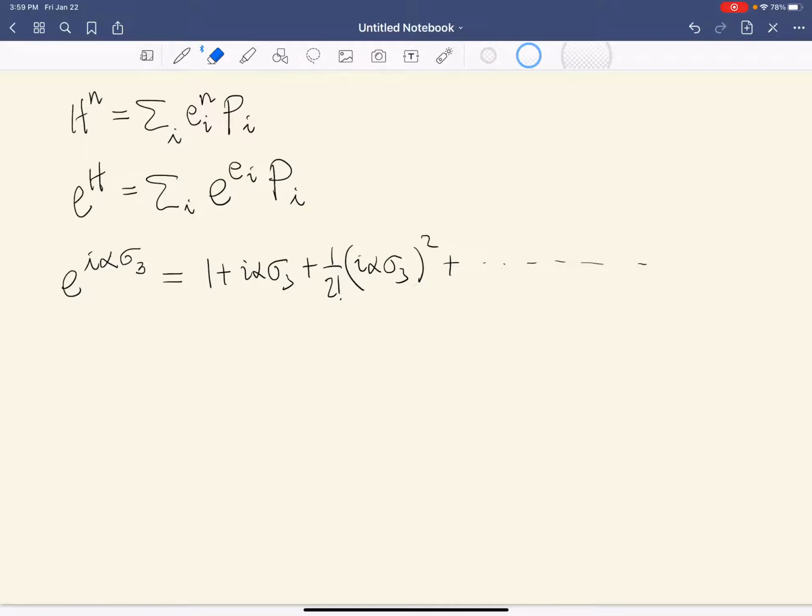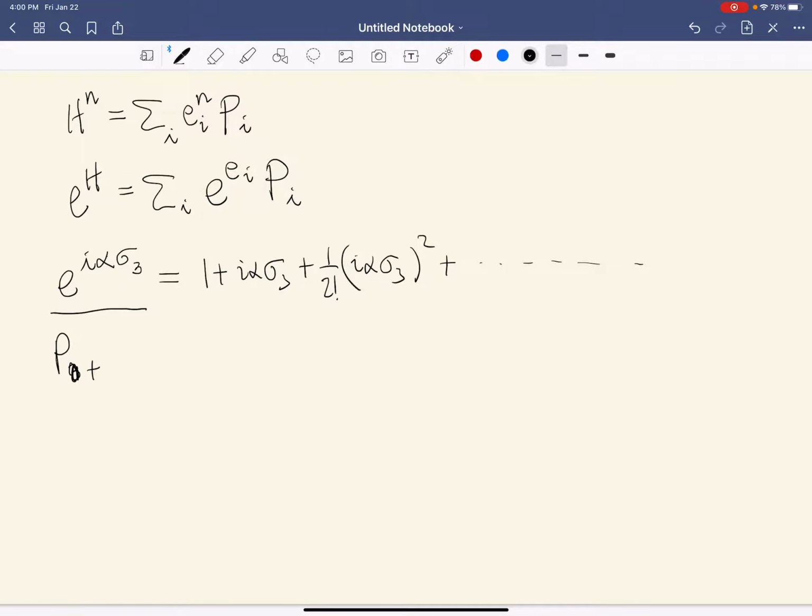And now I'm going to show you a very clever way of evaluating this using the projector method. And the way to do it is to introduce these projectors called P plus, which is 1/2 (1 plus sigma 3), and P minus, which is 1/2 (1 minus sigma 3).